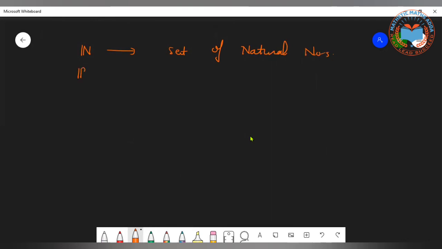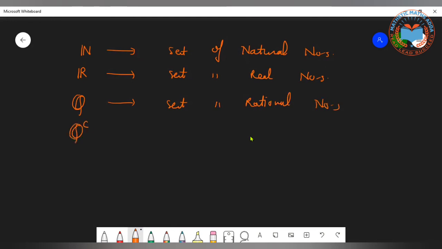R represents the set of real numbers. Q, set of rational numbers. Q complement, set of irrational numbers.